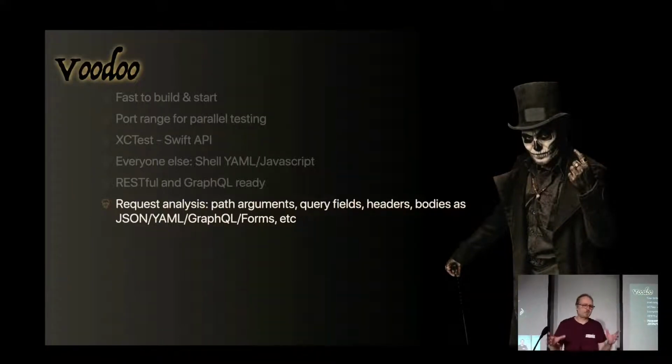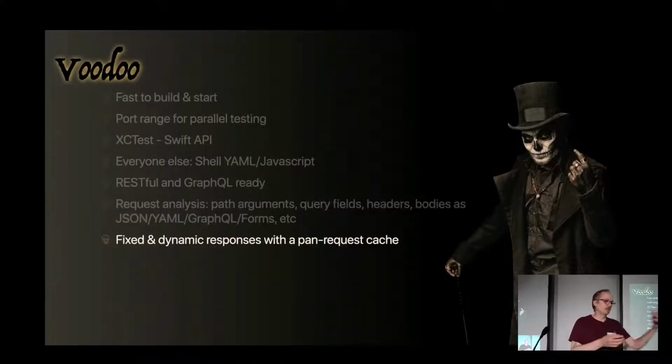Fixed and dynamic responses. I kind of talked about that in a sense. Fixed is really simply where you just go, this is a URL I got, say OK, or say, here's a JSON file to return as a response or something like that. Dynamic ones are the closures and the JavaScript functions, and that's literally where the closure and the function get handed the request.